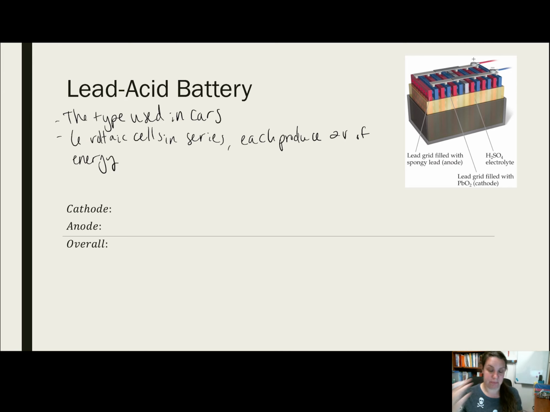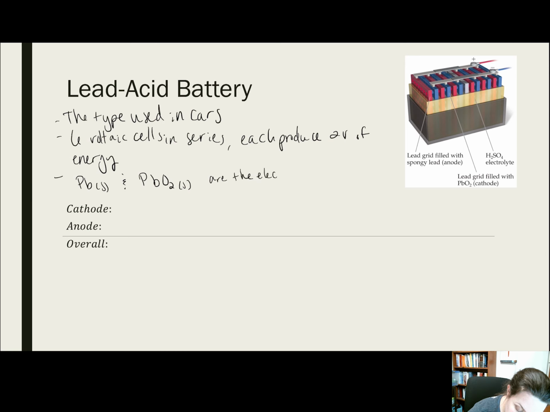In a lead-acid battery, solid lead and lead oxide are the electrodes, so kind of weird electrodes in this case.